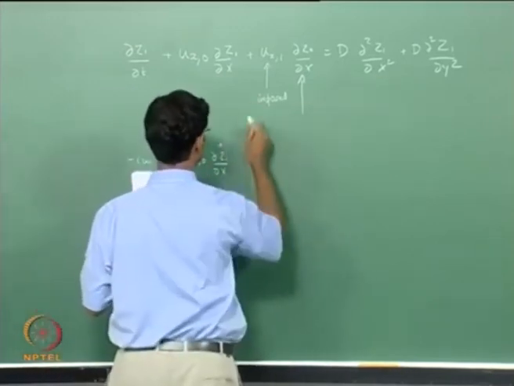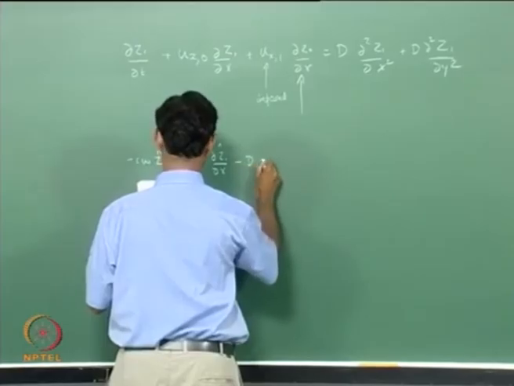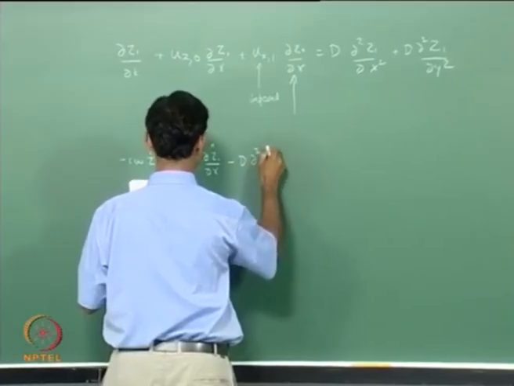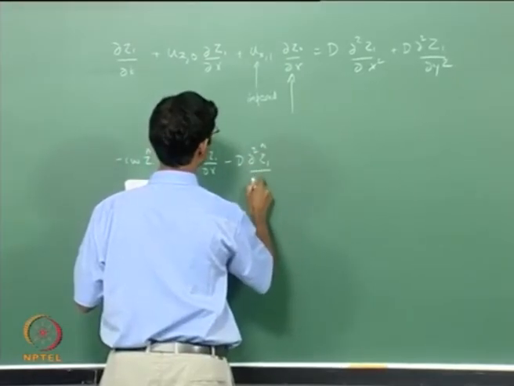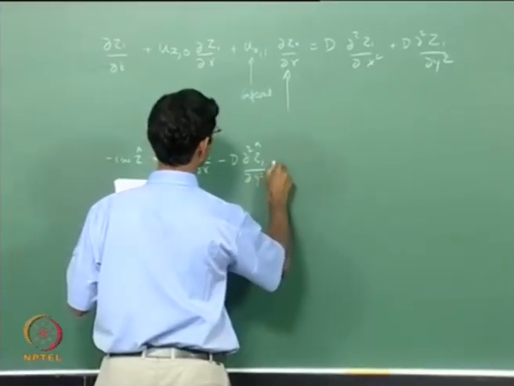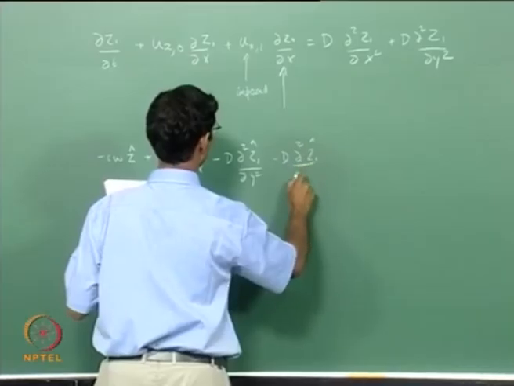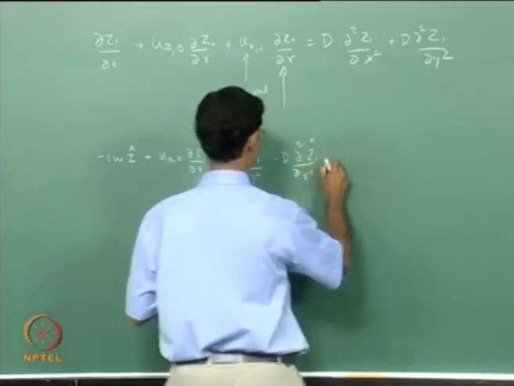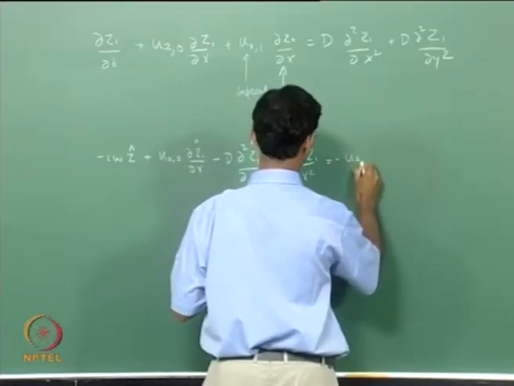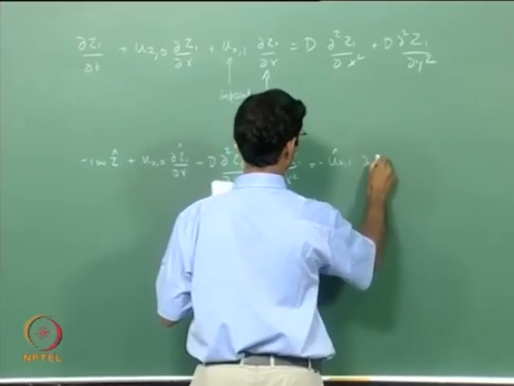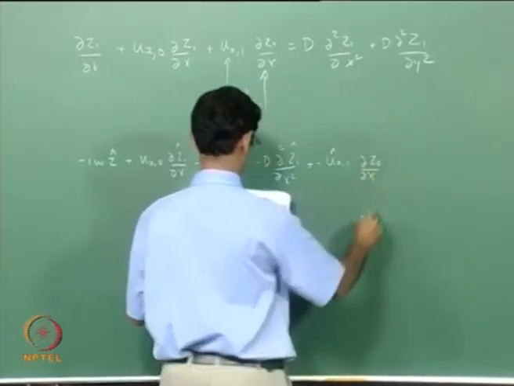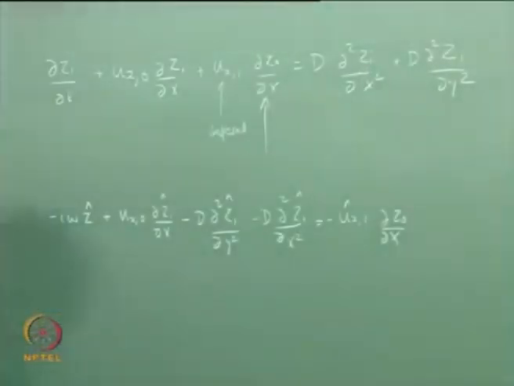I will bring these terms here for convenience, equal to minus u x comma 1 hat. So this is what we need to solve.